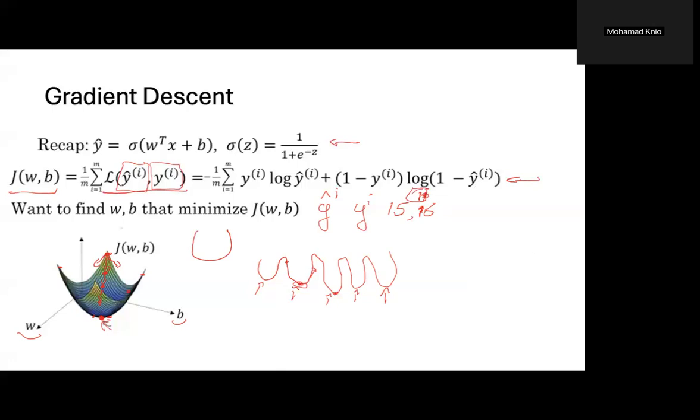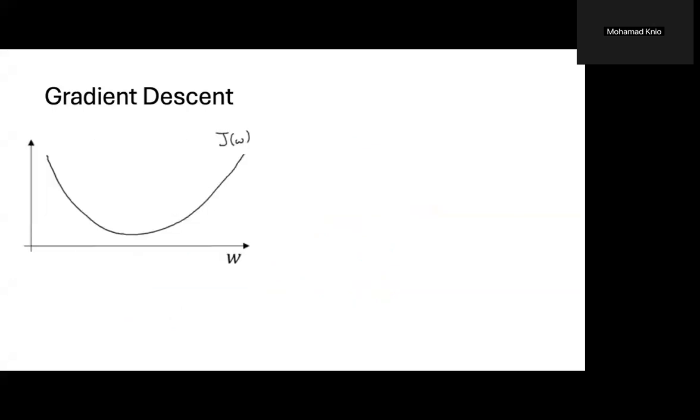When it is in a 3D picture, it might look a bit difficult to understand. But for the purpose of illustration, let's say there's some function J(W) that you want to minimize, a function that looks like this. To make this simple, we ignored b for now, so we made it only one dimensional.